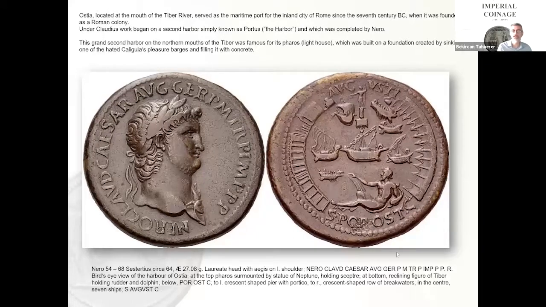There was a lighthouse, as indicated here on this coin. And interestingly, it was built on a foundation created by sinking one of the hated Caligula's pleasure barges and filling it with concrete. And then you see the complete picture of the harbor together with the river god Tiber at the bottom.